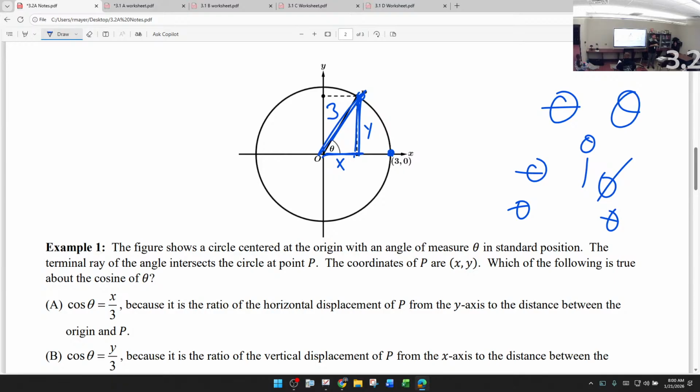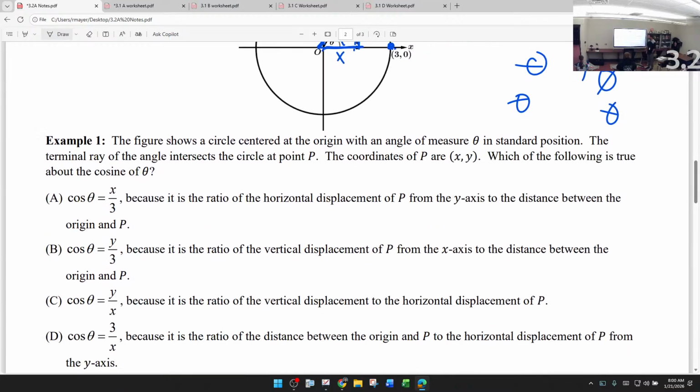I don't think you needed me or anything else in this class to be able to answer that question. Because you know that this has to be 3 because this is 3. And this is x and this is y, because I don't know what the angle is. But cosine is the adjacent over the hypotenuse. And so cosine of theta has to be adjacent over hypotenuse, x over 3.